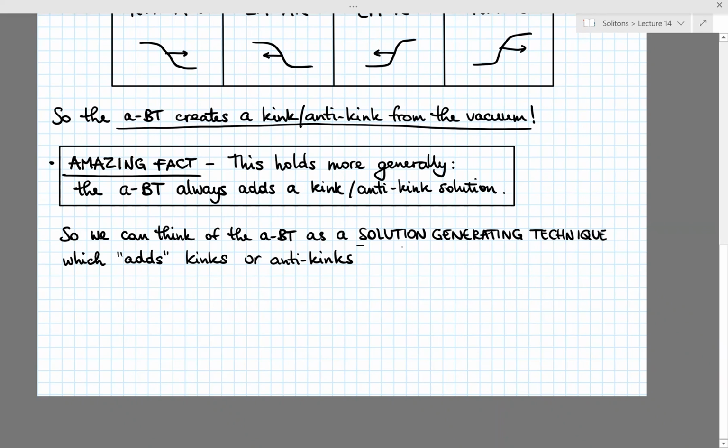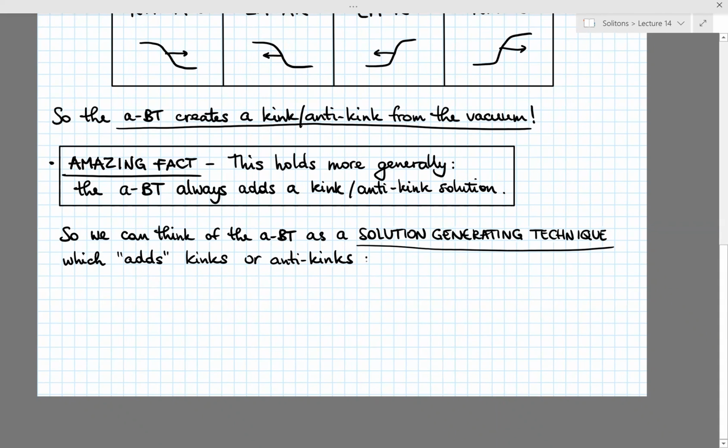I wrote "add" in quotation marks, because this is not a linear equation. The Sine-Gordon equation is not linear. So the linear superposition principle doesn't apply, but still every time we apply an auto-Backlund transform, we get an extra kink or anti-kink in the solution.